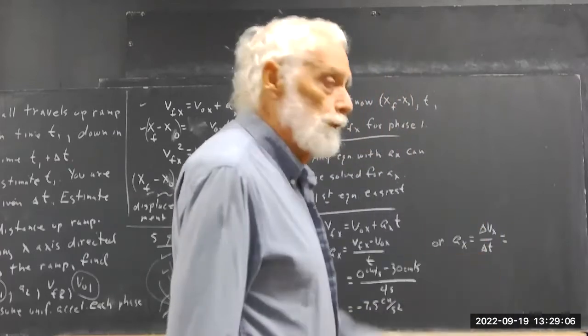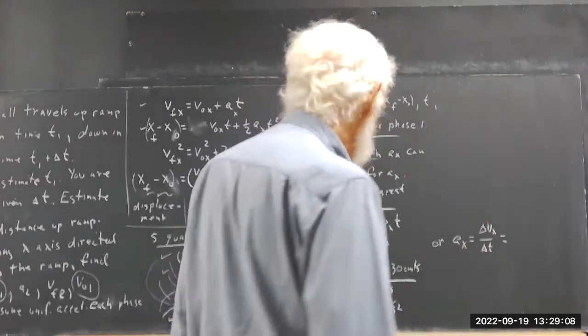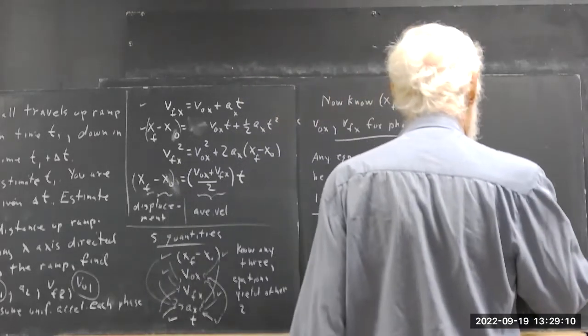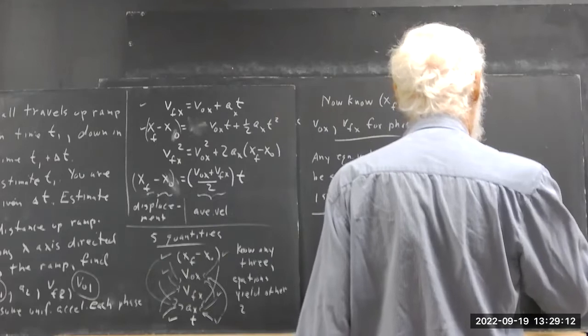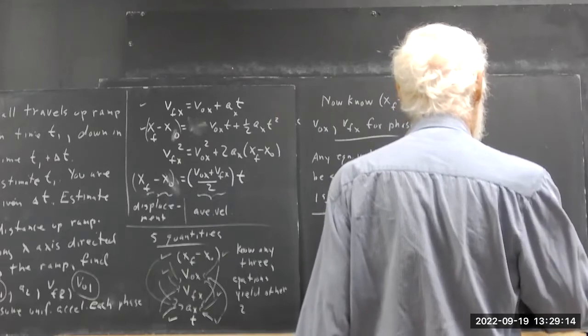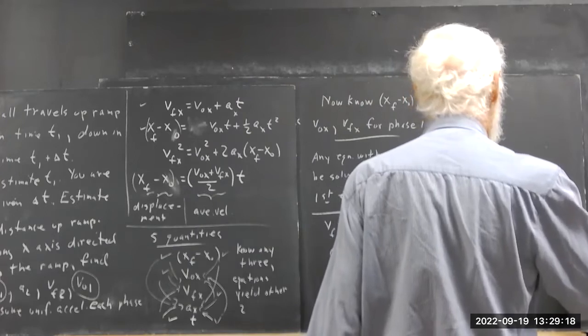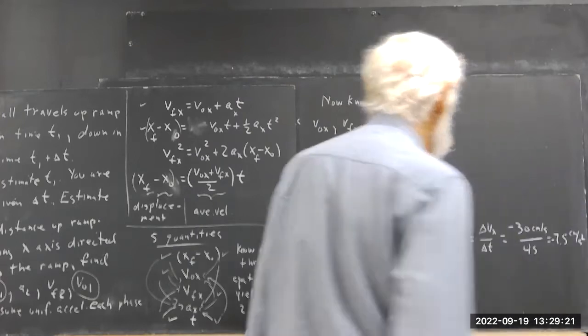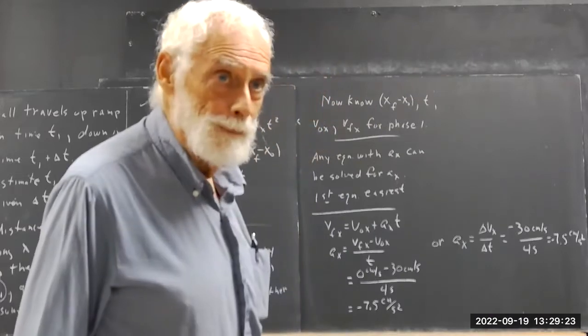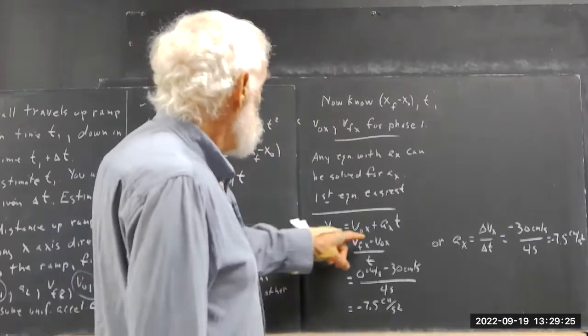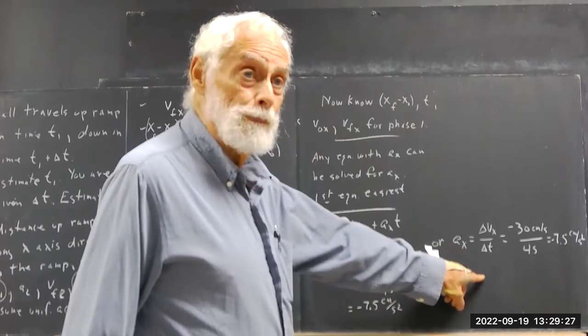Or AX equals delta VX over delta T, and delta VX was this. Okay, because really all this equation is saying is this.